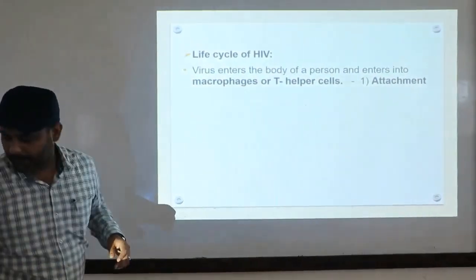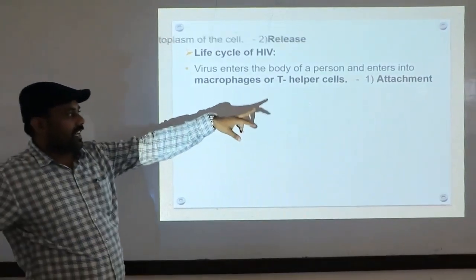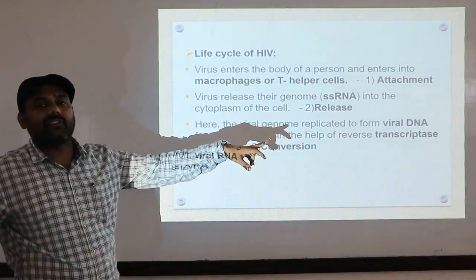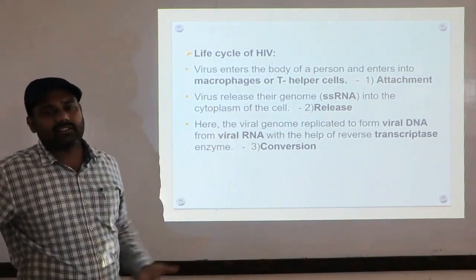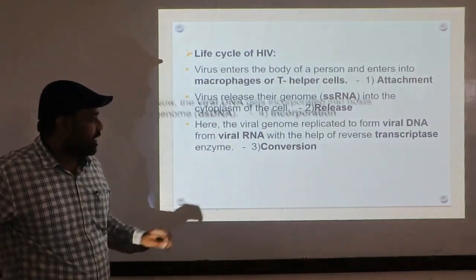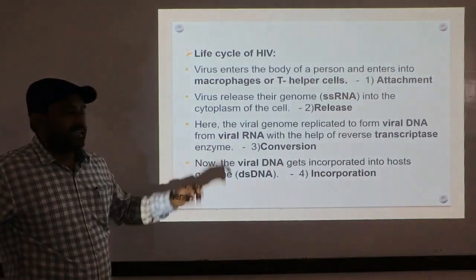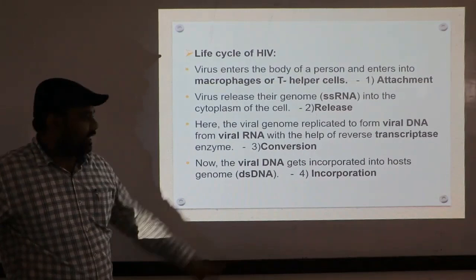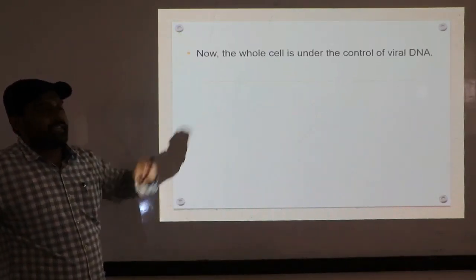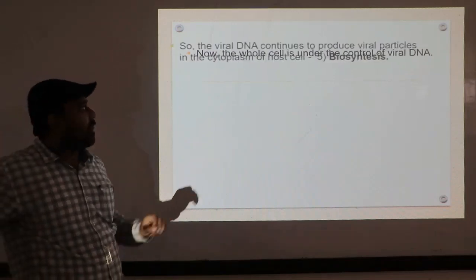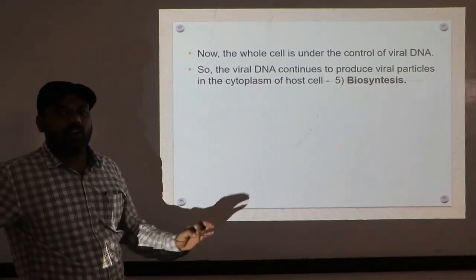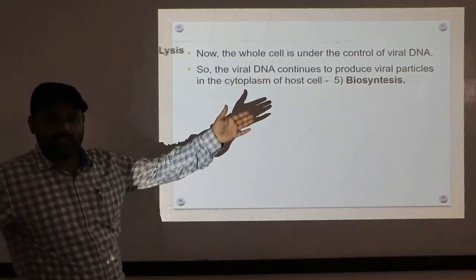So first one attachment, second one release, third one with the help of reverse transcriptase, the single strand RNA is converted into double stranded DNA called viral DNA. This gets incorporated in the cell DNA, called incorporation. After that, the whole cell is under the control of viral DNA. Then it continues to produce the viral particles or daughter viral particles, called biosynthesis.